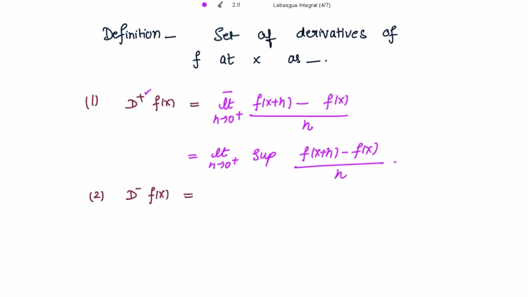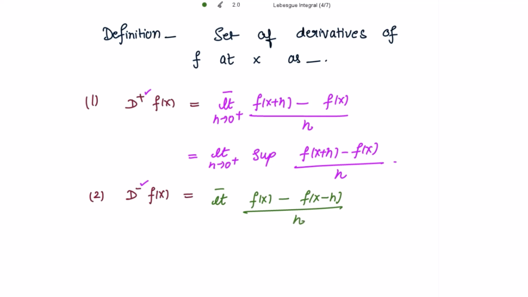Very fine. Okay. Similarly, if I have the negative sign at the top, D minus f(x), we are again talking about the superior limit of (f(x) minus f(x minus h)) divided by h.